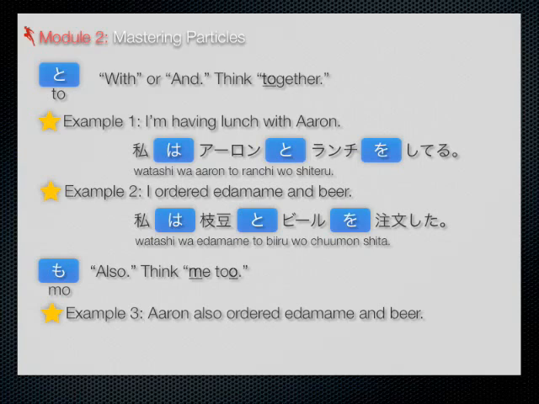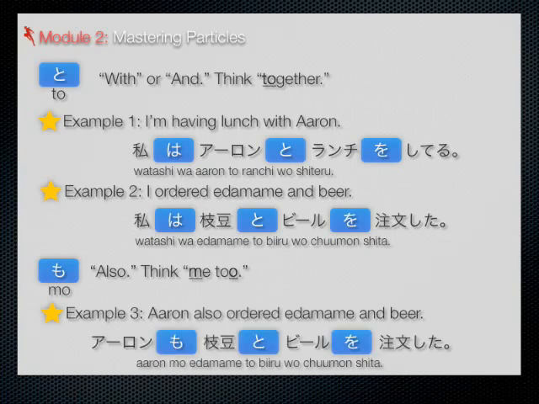We can use that exact same sentence from example 2, change watashi to Aaron because that's the subject now, and since it's also, we get rid of wa and swap it out with mo. So now we have Aaron mo edamame to biiru o chumon shita. That means Aaron also ordered edamame and beer. Got it?